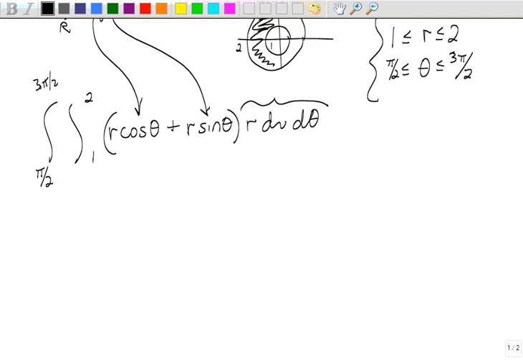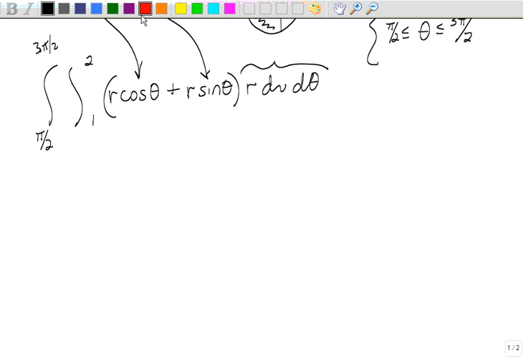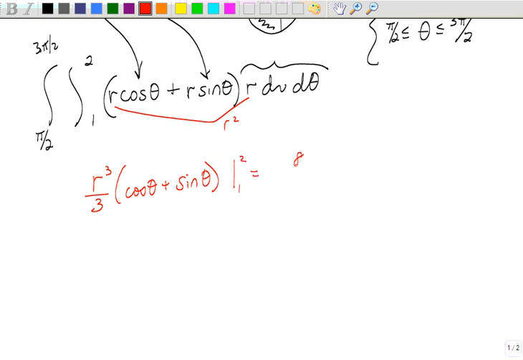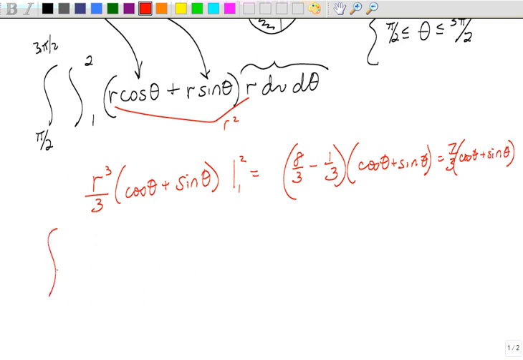Okay, so integrating that with respect to r, well, that just gives us r squared. The rest is constant, so that's going to be r cubed over 3 from 1 to 2. That's going to be 8/3 minus 1/3 times cosine theta plus sine theta, which is 7/3. Then I integrate that with respect to theta.